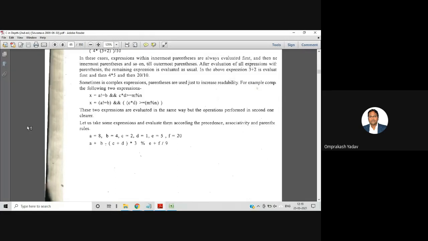So all of you can try this particular example and let me know the answer. You can put it in the chat box once you finish solving this expression, and then I will solve it.